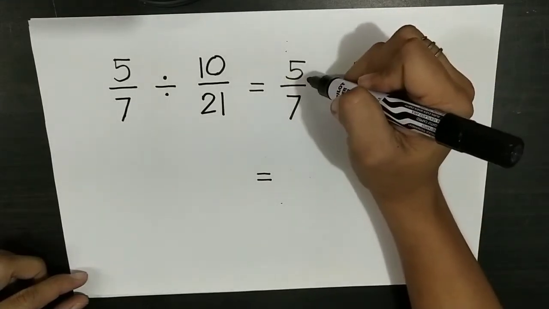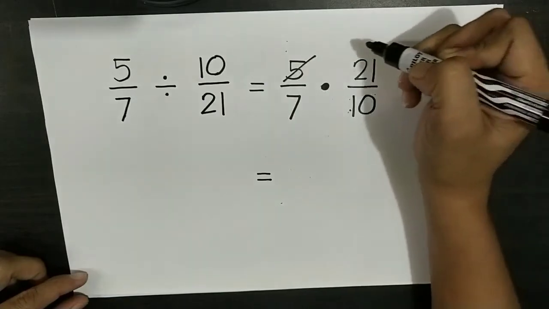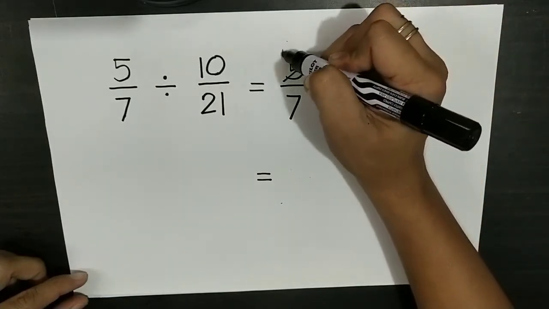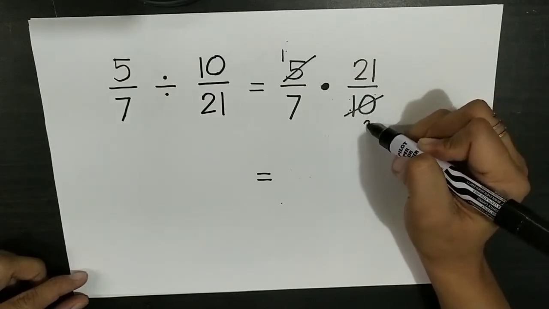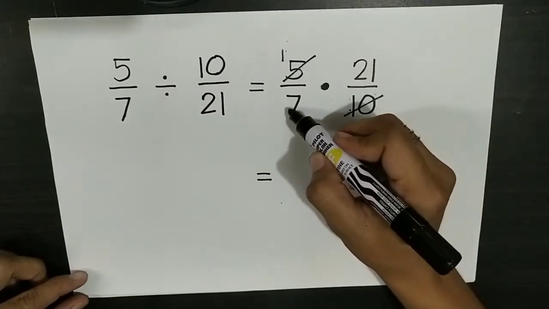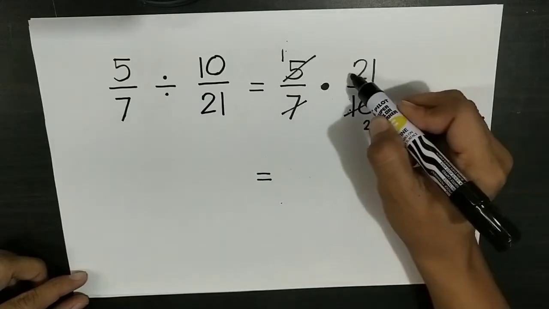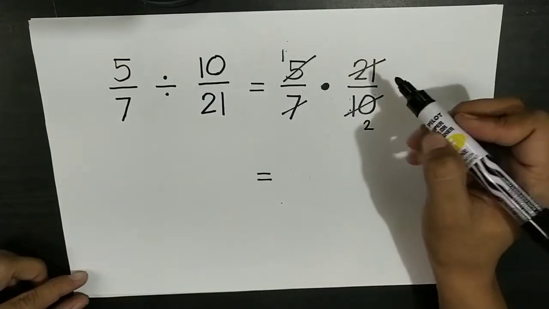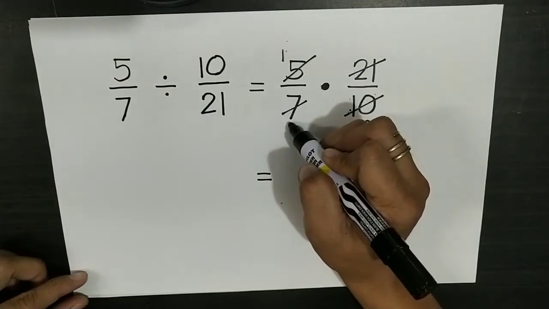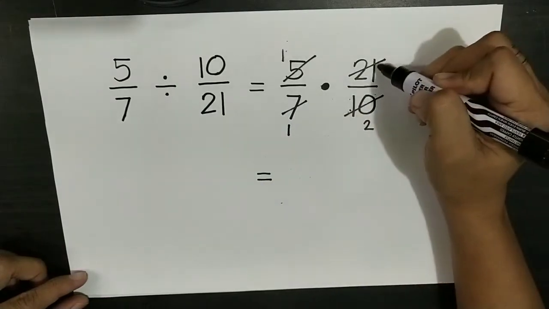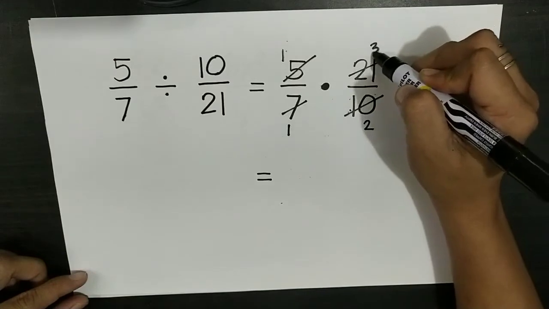The GCF of 5 and 10 is 5, so we divide 5 by the GCF 5, that is equal to 1. 10 divided by the GCF 5 is equal to 2. Then as we can see, 7 and 21 can be reduced by dividing by the GCF 7. 7 divided by 7 is 1. 21 divided by 7 is 3.